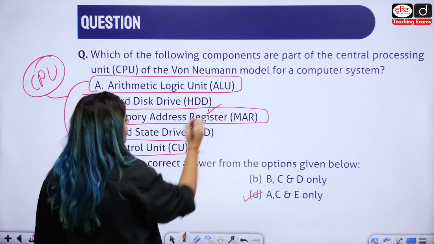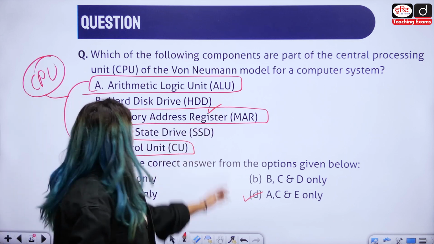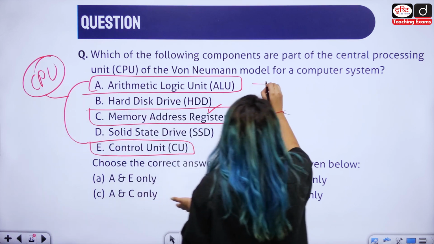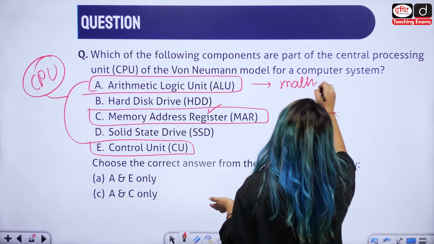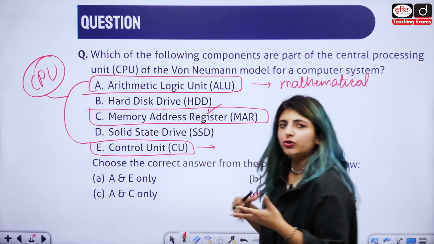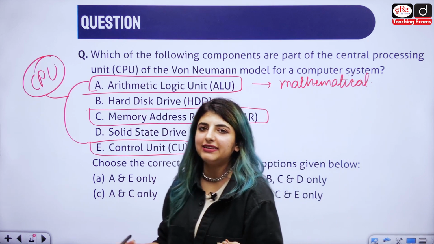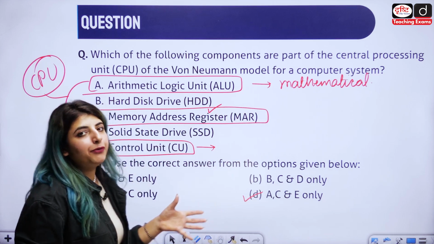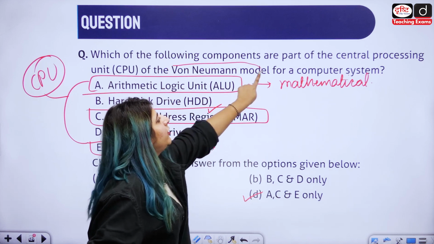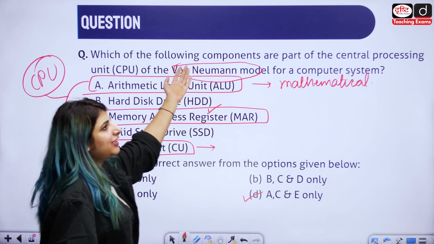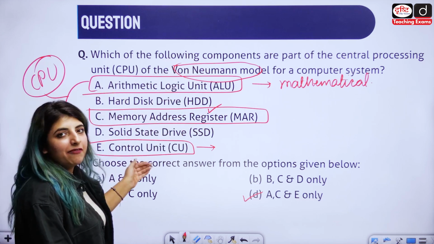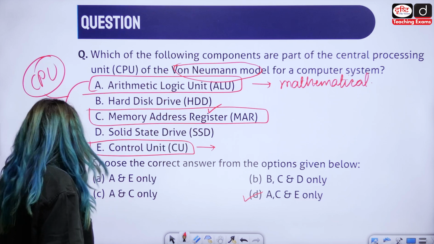Because we have the registers, which are the fastest memory, and the arithmetic logic unit, which is used to perform mathematical functions, and the control unit to control the files and memory in the CPU. Correct? So these three fall under the von Neumann model. Just by giving you a name, they have tried to confuse you, but no worries, the answer I have provided considers the model as well.